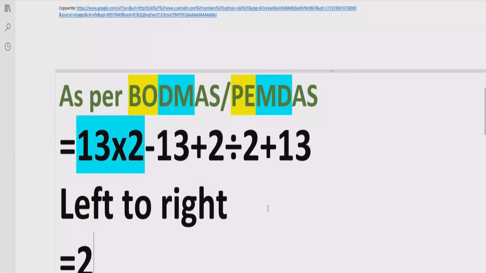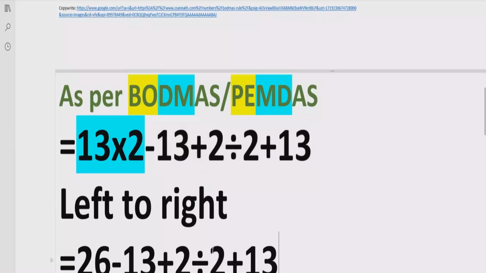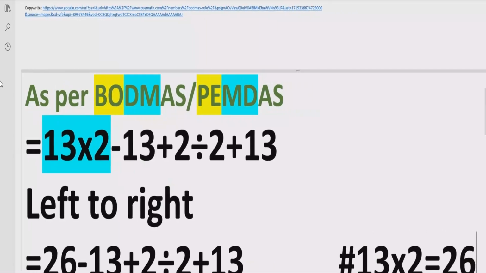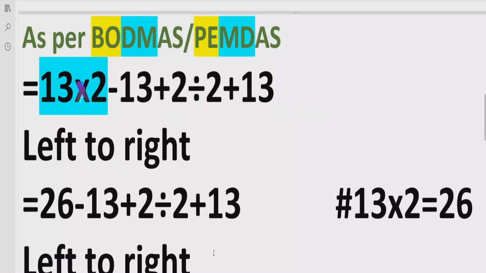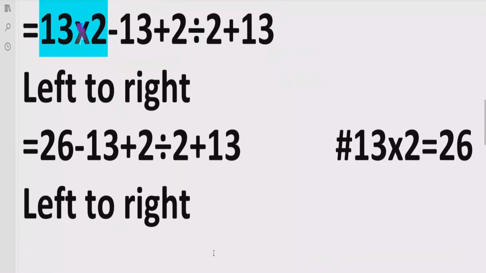13 multiplied by 2 equals 26, and minus 13 plus 2 divided by 2 plus 13 we will write as it is. And here I am giving the reference: 13 multiplied by 2 equals 26. Now move forward, again we have to go left to right and find the multiplication and division.